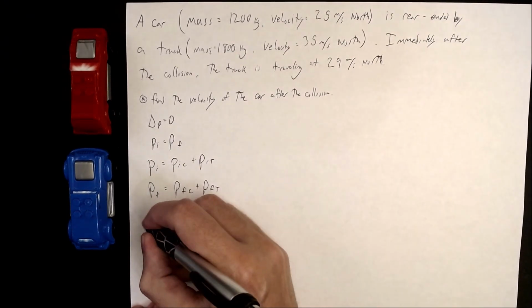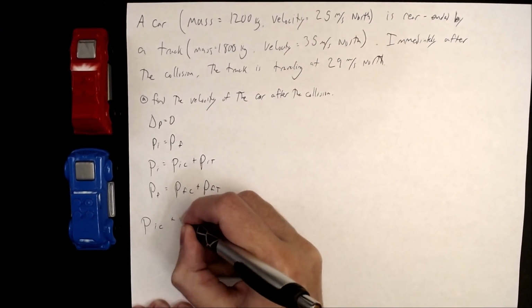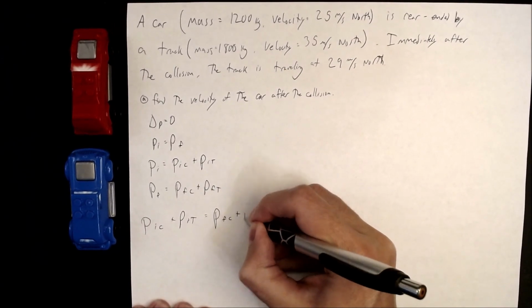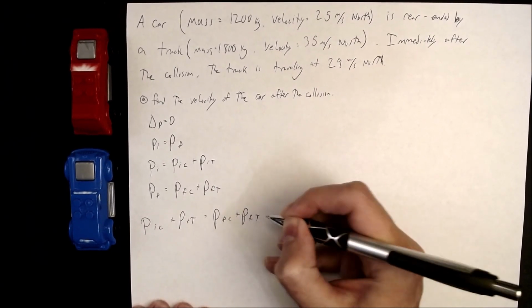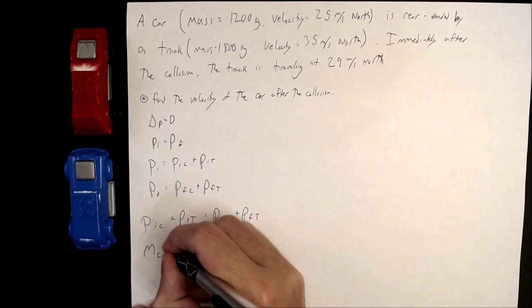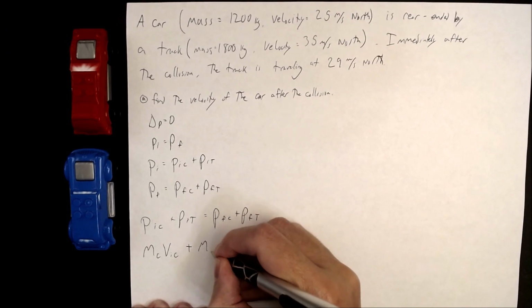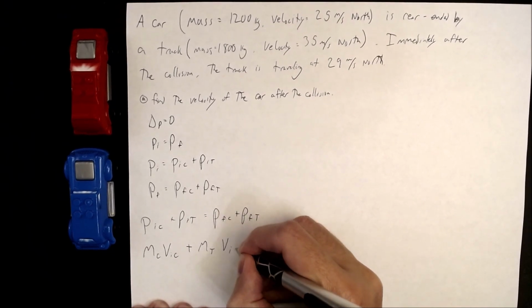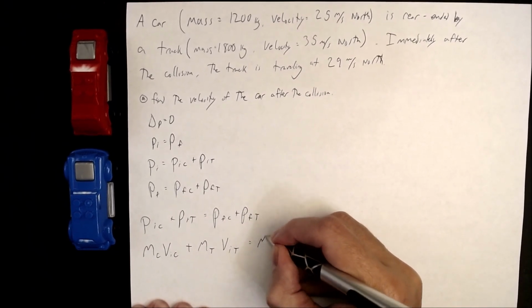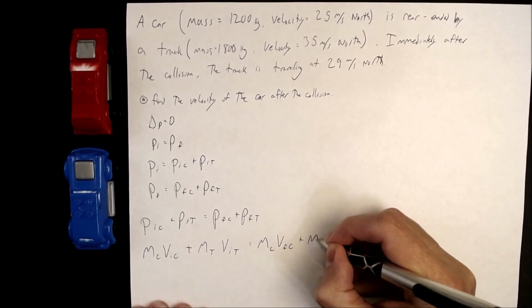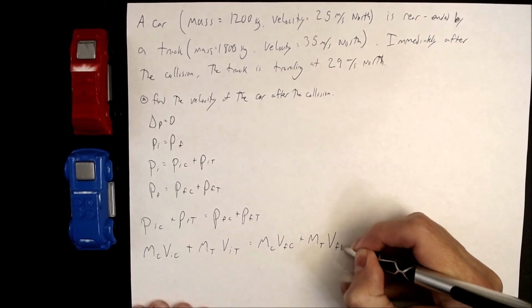And we can say momentum initial car plus momentum initial truck is equal to momentum final car plus momentum final truck. Mass car, velocity initial car, plus mass truck, velocity initial truck, is equal to mass car, velocity final car, plus mass truck, velocity final truck.